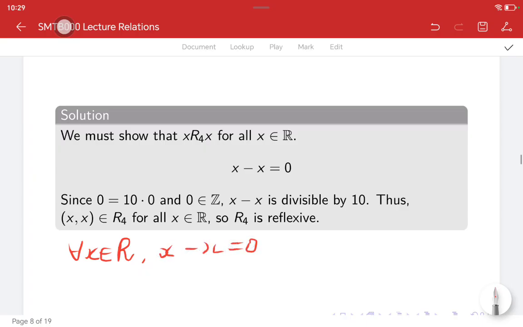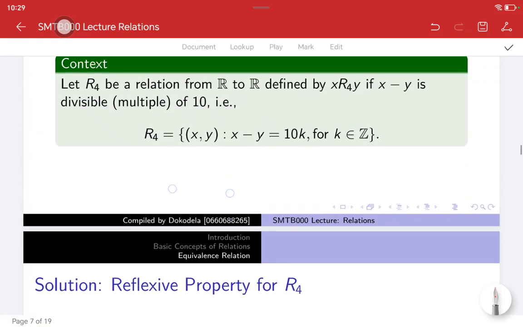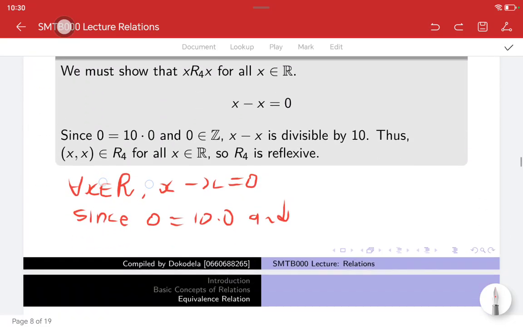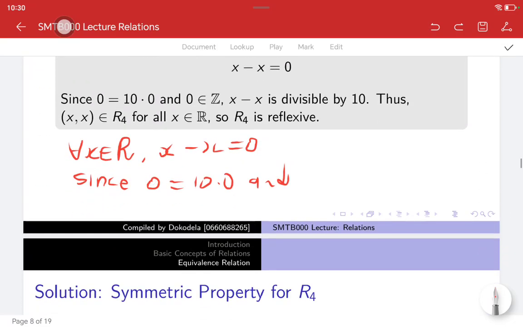Then after having that, you're going to state what I've written here. Since 0 is equal to 10 times 0, from the definition above, we must have 10 times k, and k should be an element of an integer. So we managed to change this to that definition. This should be an element of an integer, and this should be 10.